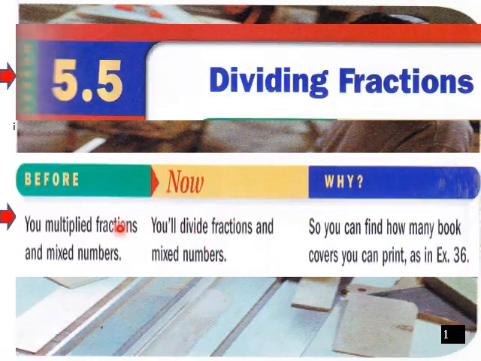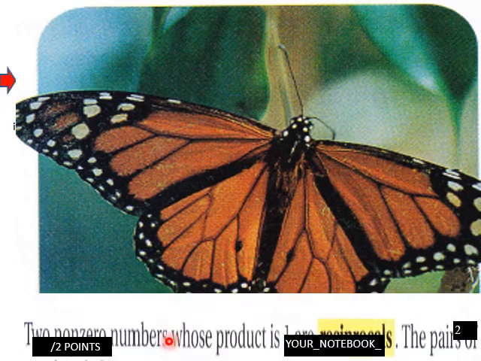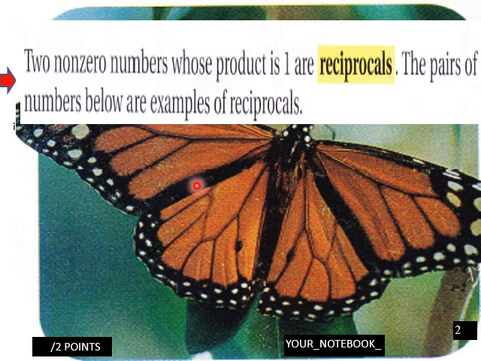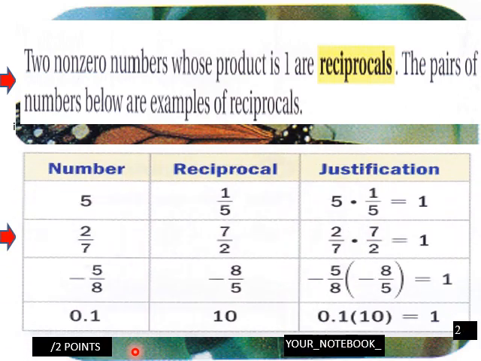Okay, dividing fractions. As you multiply fractions and mixed numbers, you'll divide fractions and mixed numbers. Two non-zero numbers whose product is 1 are reciprocals. This is your classwork, students, page 2. Here are examples of a number and its reciprocal.